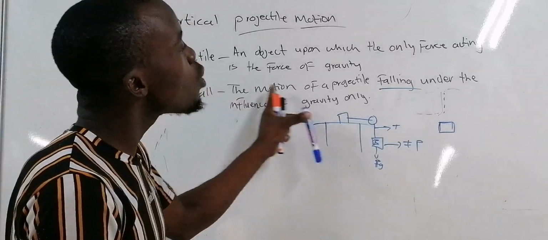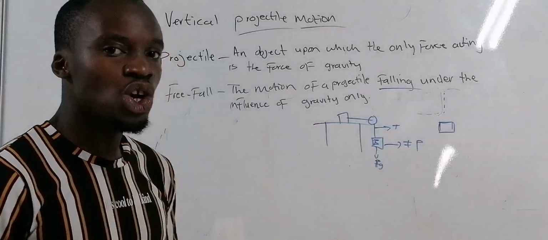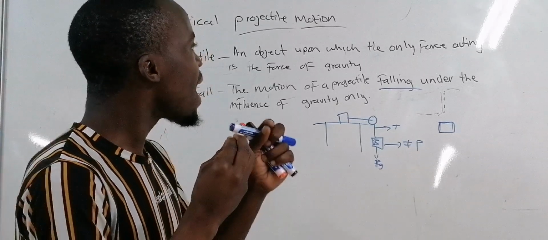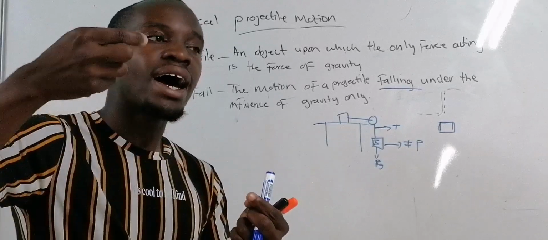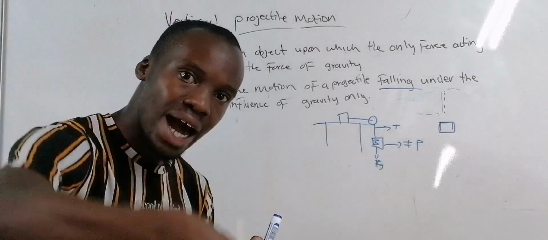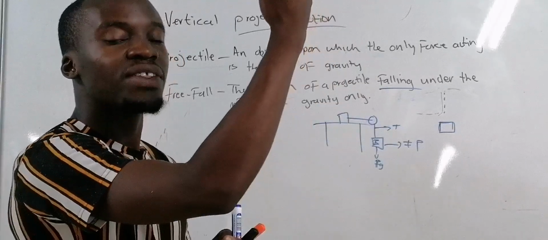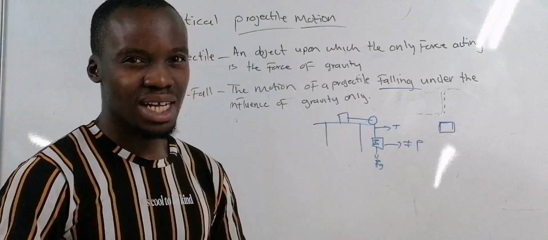Simply saying, the motion of a projectile falling under the influence of gravity only. The free fall which we are interested in is the one that's coming down, the downward free fall, not the motion of the object when it goes up, but the motion of an object when it comes down.